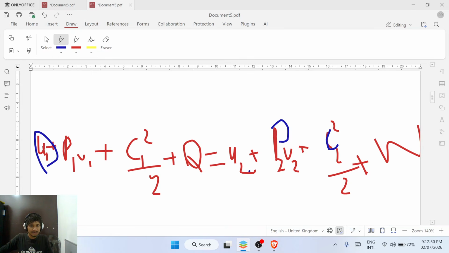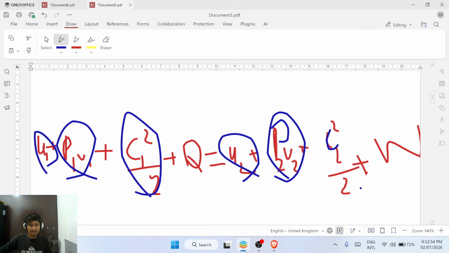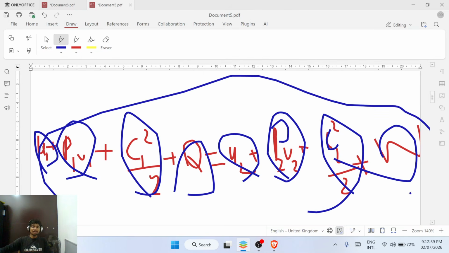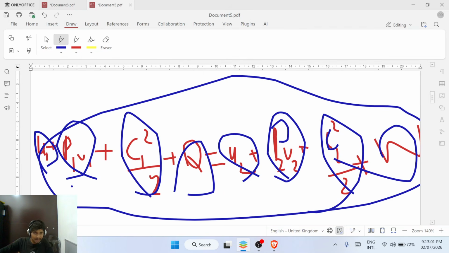Here we have u1, u2, p1 v1, p2 v2, c1 square by 2, c2 square by 2, and here q and w. Now we have derived the steady flow energy equation from the non-flow energy equation.